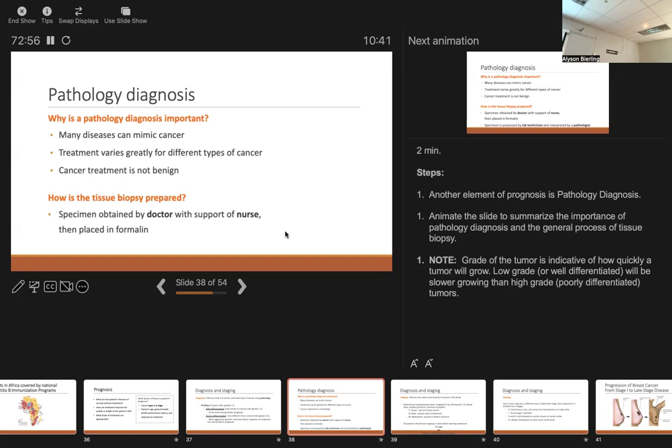But regardless of where the biopsy is taken, that specimen should be obtained by a doctor with the support of a nurse and then placed in formalin. Then that sample will be taken to the pathology lab, where the pathologist will look at those cells. Based on what they see, they can tell us if it is cancer and what type of cancer it is.